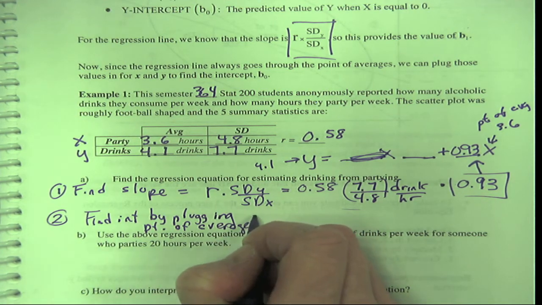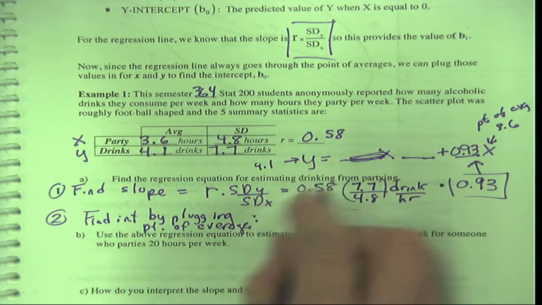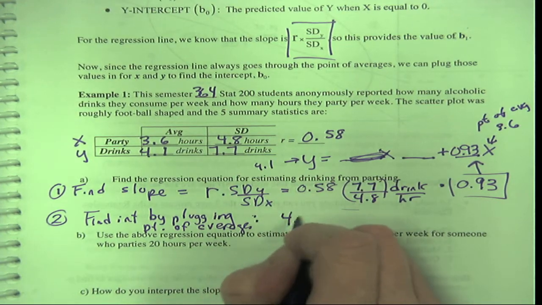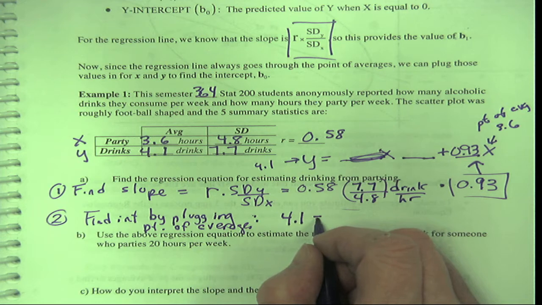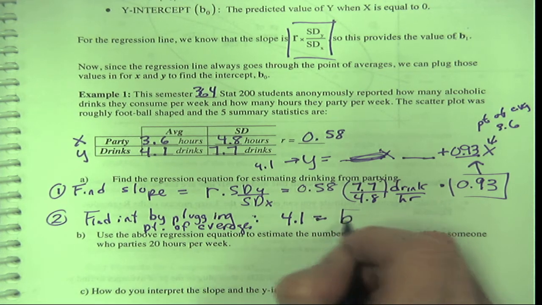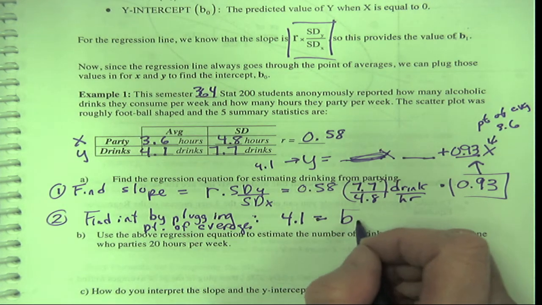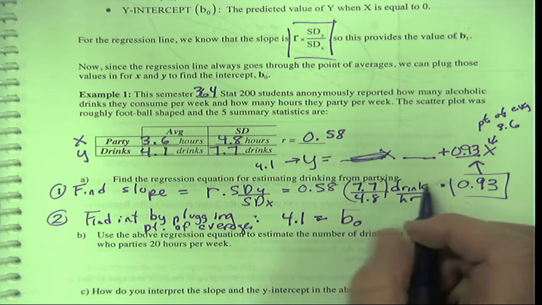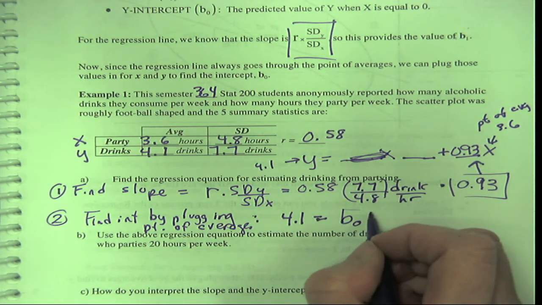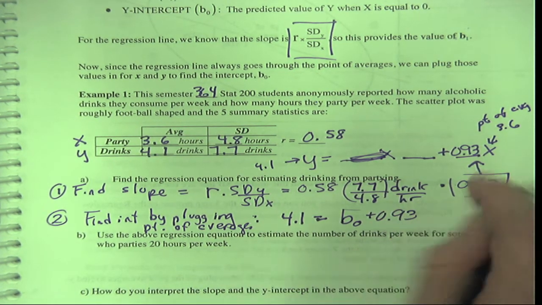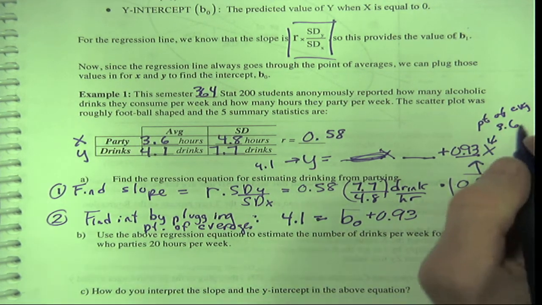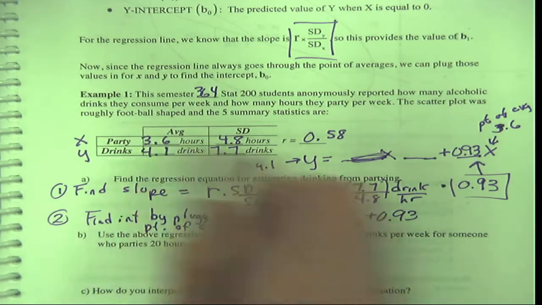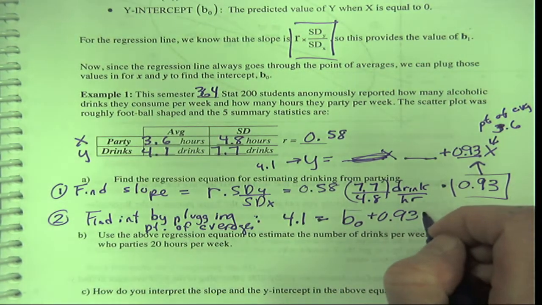All right, so let's do that. We'll plug in 4.1 right here for Y, and we're saying that equals the intercept, which we're calling beta 0, plus 0.93 times 3.6, the point of averages, right?